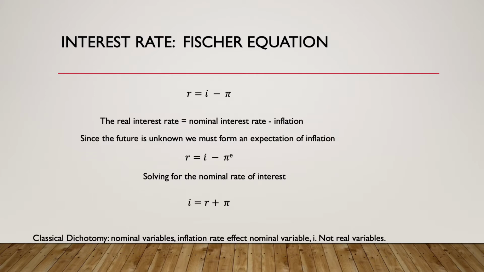In that case, if you see inflation, pi, go up, the overall effect is going to be that the nominal interest rate rises to compensate for it, thereby keeping the real rate of interest constant. So we're starting to see the classical dichotomy here in the Fisher equation as well. It's one of those equations that you should probably memorize, become extremely familiar with, because it gives you a wonderful shorthand for one of our key macroeconomic variables, which is, of course, the nominal interest rate.